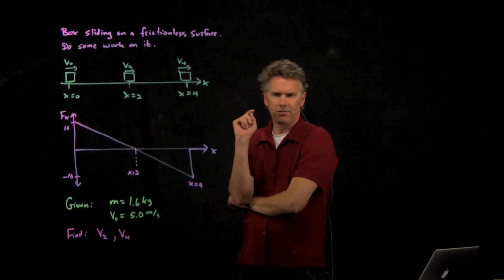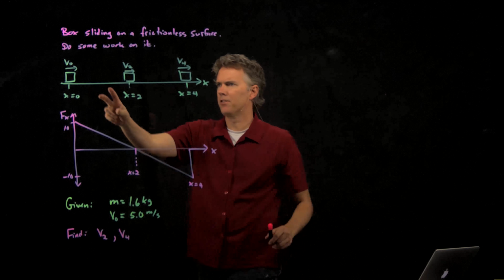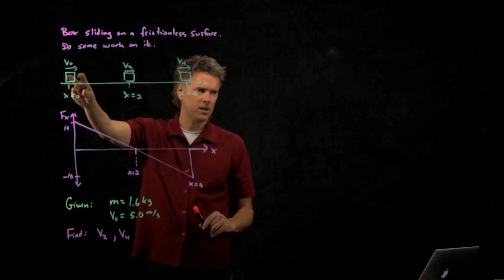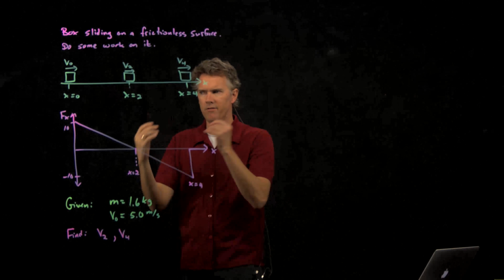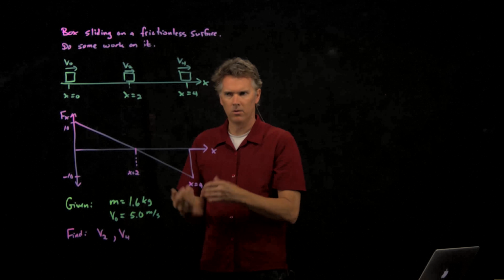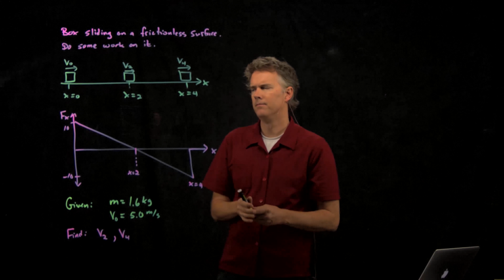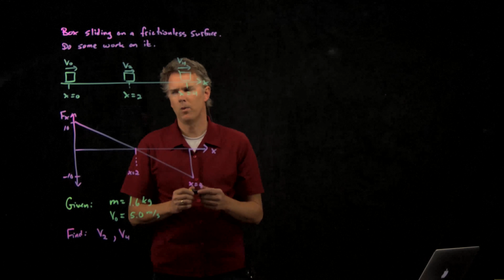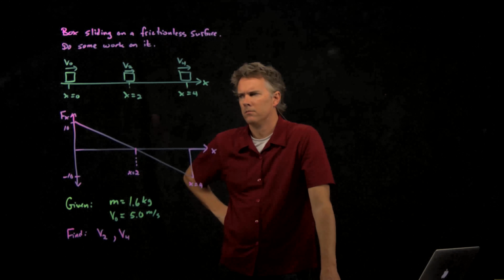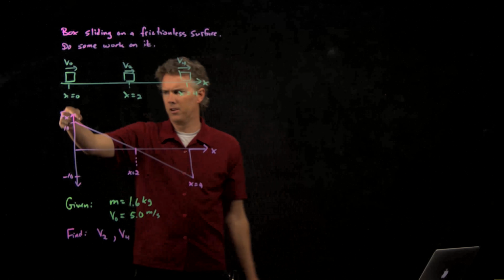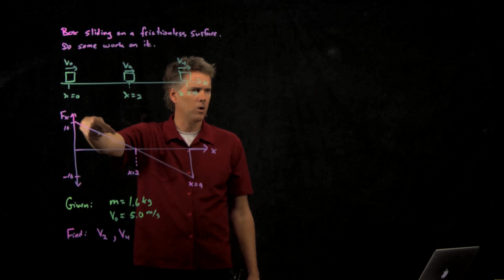So let's take a guess, just right off the bat. If this box comes in at v naught, is v2 going to be bigger or smaller than v naught? Okay, why do you say smaller? Because this force is decreasing, right? It's got sort of a negative slope.